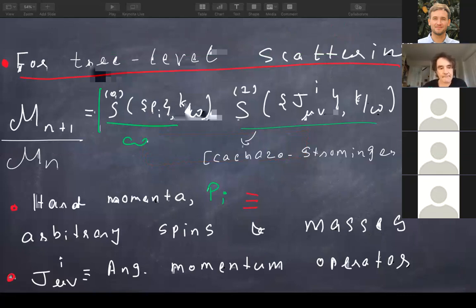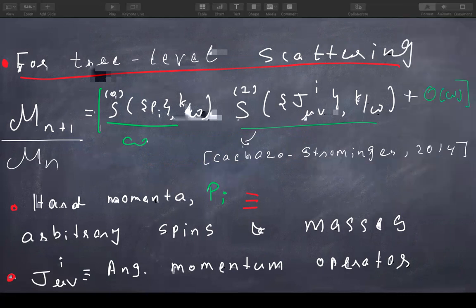But we can ask, what about if we do something simpler, like look at tree-level scattering amplitude? Then it turns out that the soft expansion is nicer in the sense that there are none of these logarithmic terms. So there is the Weinberg soft factor, which remains unaffected, which is the first term. I'm sorry, there should be a plus between the S0 and the S1. And the S1 is what is called the subleading soft factor.